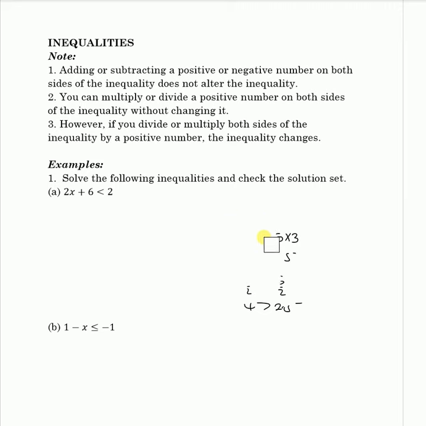Let us look at one other case, number 3, which is talking about dividing by a negative. This one is supposed to be negative.